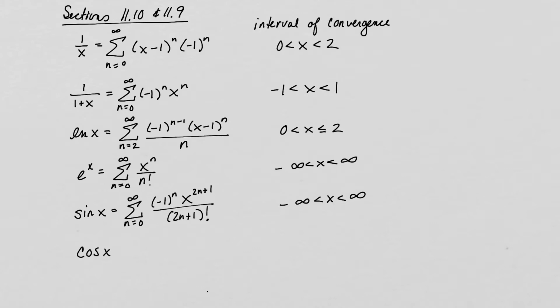We have the cosine of x. So the summation n equals 0 to infinity of negative 1 to the n, x to the 2n over (2n) factorial, for minus infinity less than x less than infinity.